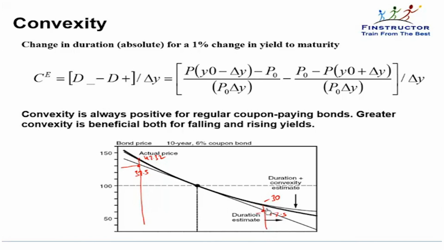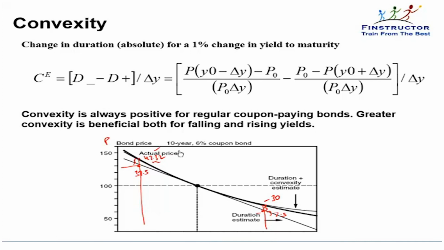So can we say that to make the duration estimate a better estimate, something needs to be added to this upside estimate, and something needs to be added to this downside estimate of price also? Probably if I add some quantity, I should get closer to the actual price.